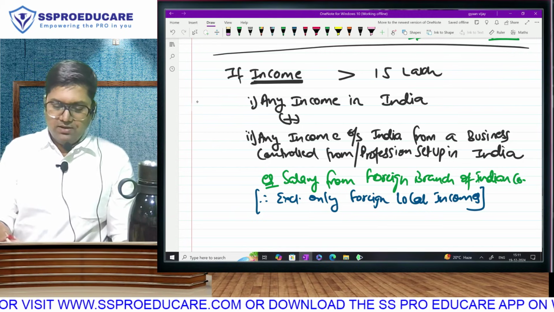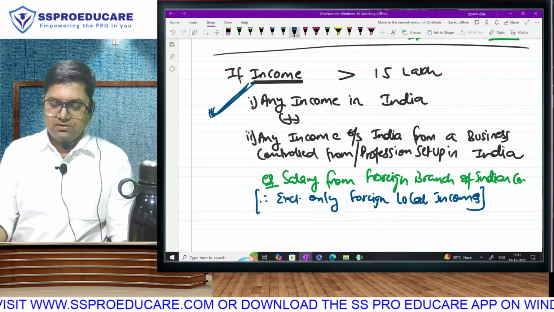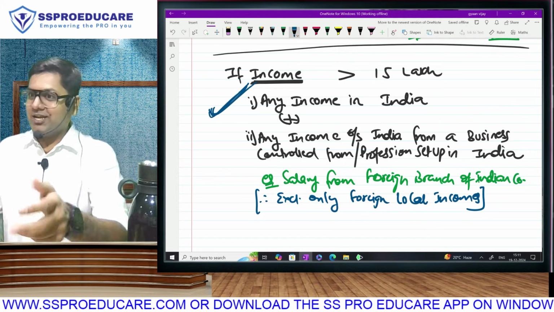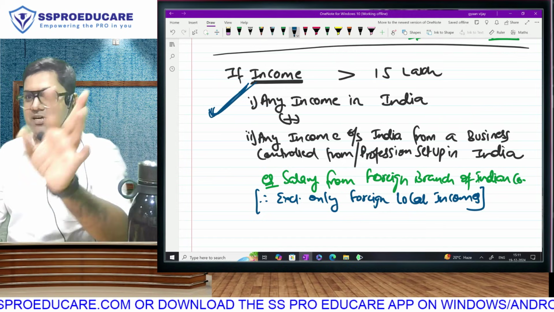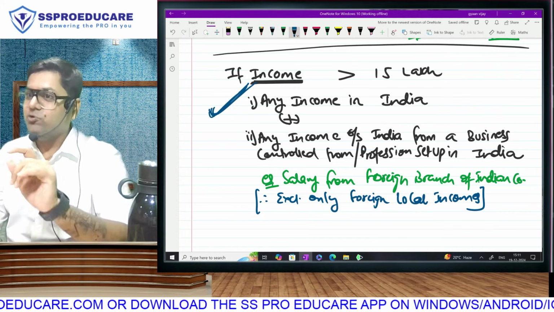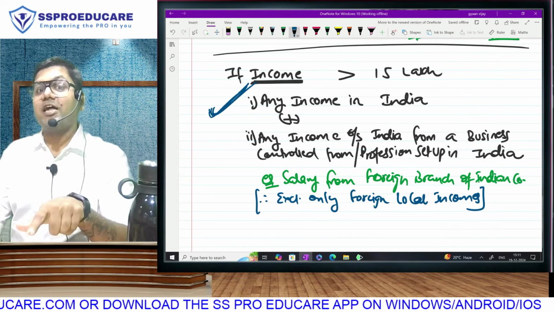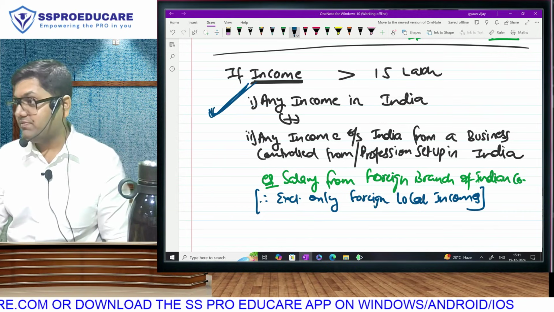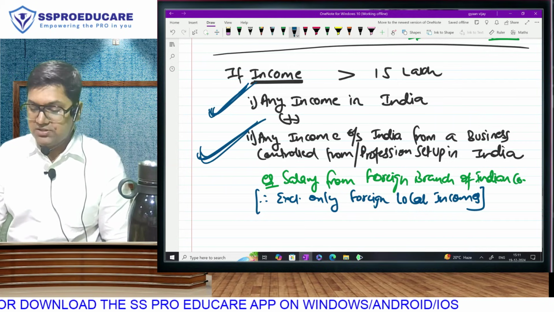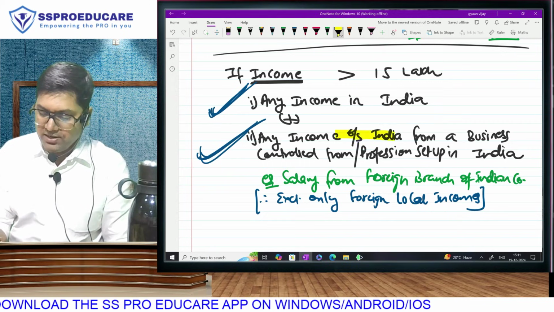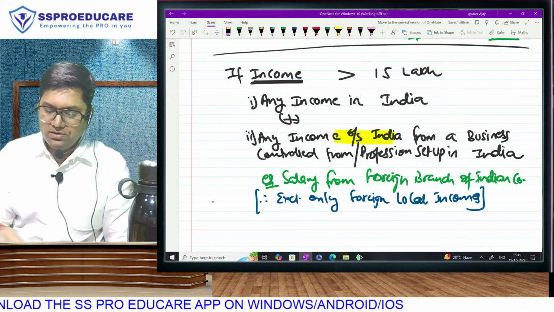By the way, this Indian income we can always tax, even for a non-resident. Supposing we don't make you resident, we don't keep any condition, 60, 182, nothing. What will you become? Non-resident. Still it is taxable because Indian income is taxable for everyone. But for taxing this foreign income, we have to make you a resident.